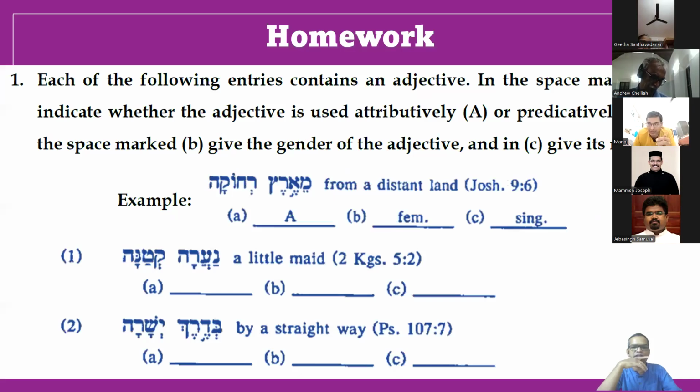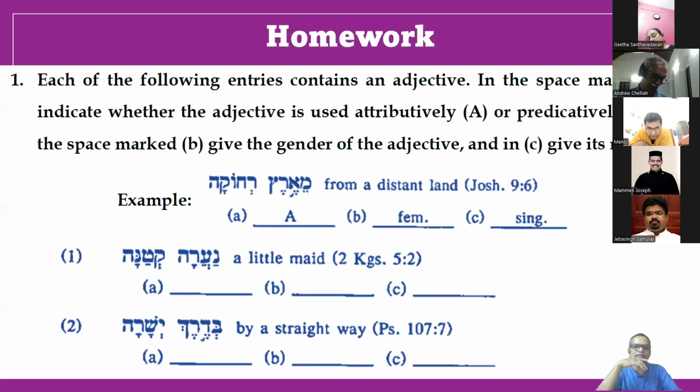The next one is the gender, and then the number. Can you read the first phrase? The example is given: eretz rehoka. That is the attributive usage, feminine, singular.